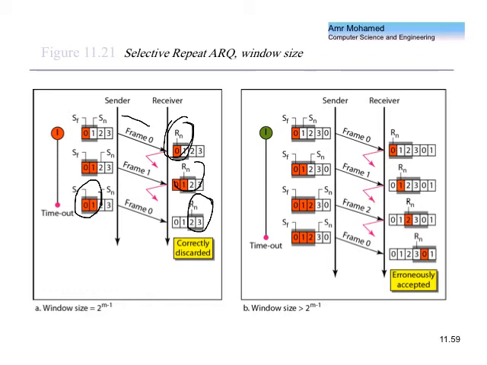That's why we said that the total of these two windows should be at maximum the sequence number, which is in that case 4. So why? Because simply losing the acknowledgement means that one window will keep sliding and the other window will never slide.